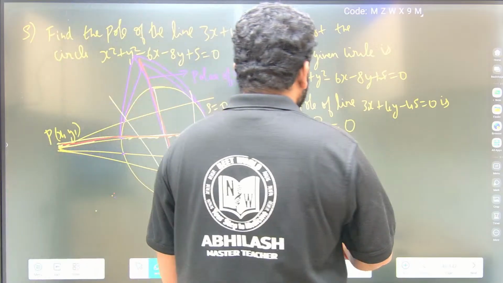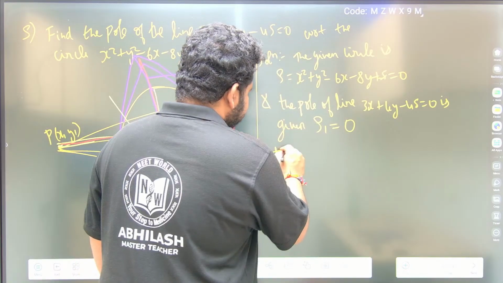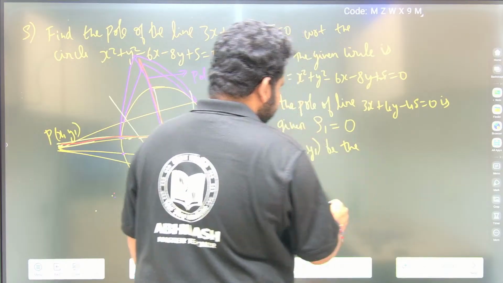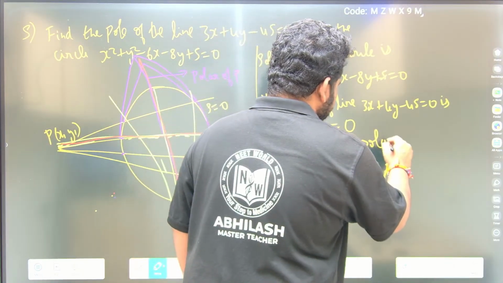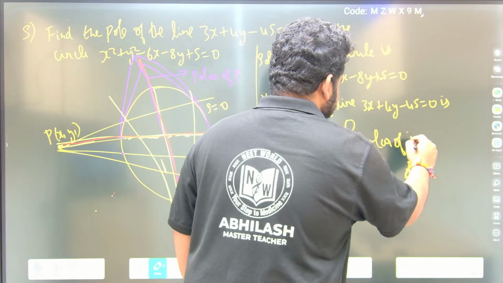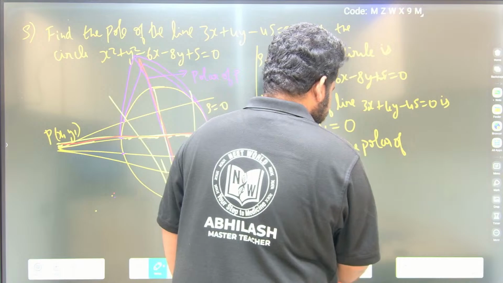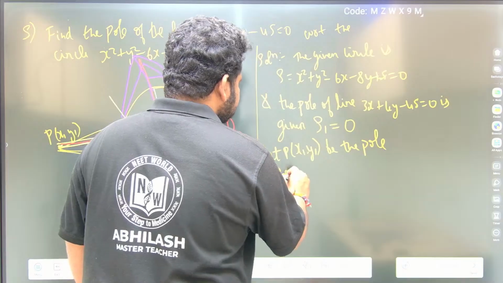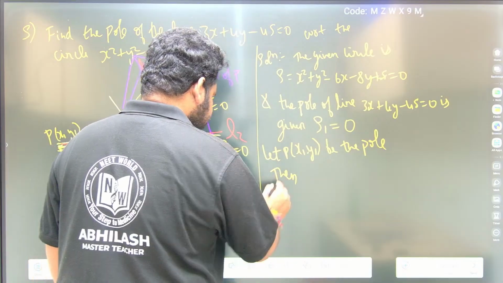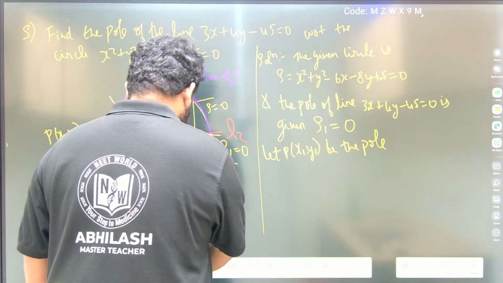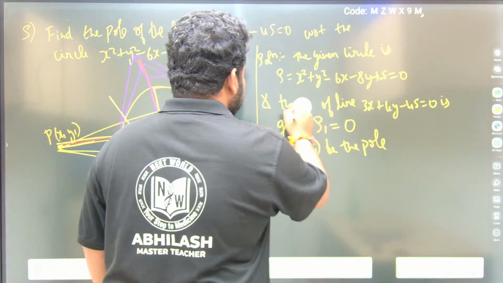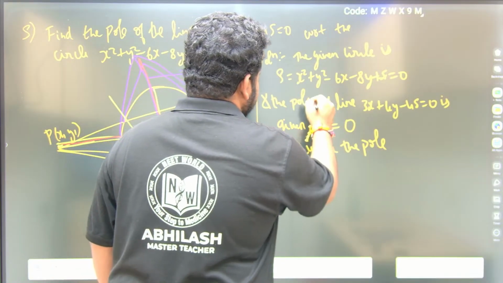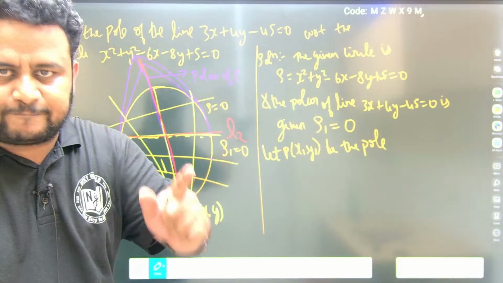Let P(x1, y1) be the pole. Then the polar of P, we should write it as polar of the point. See, a line is called a polar, a point is called a pole.